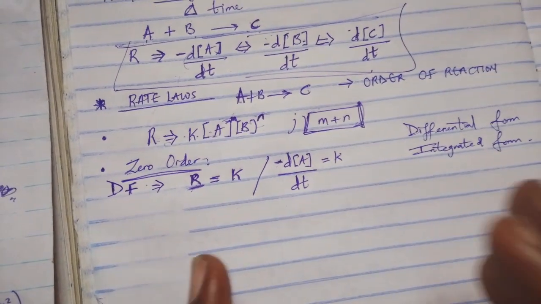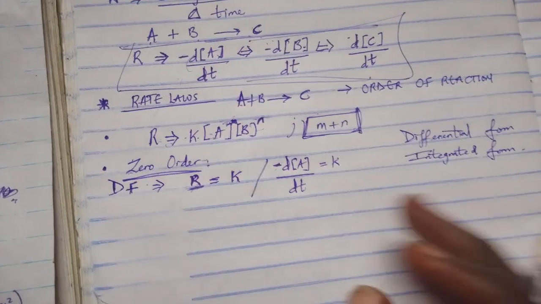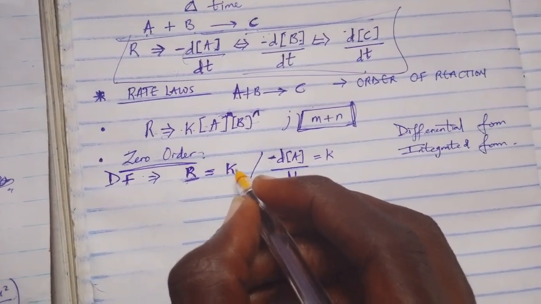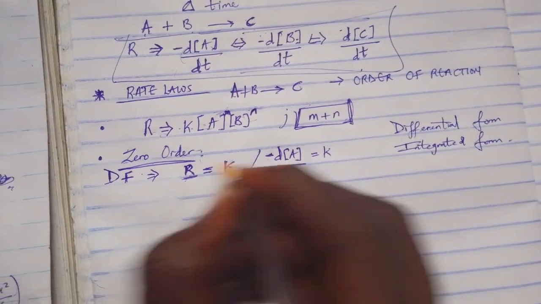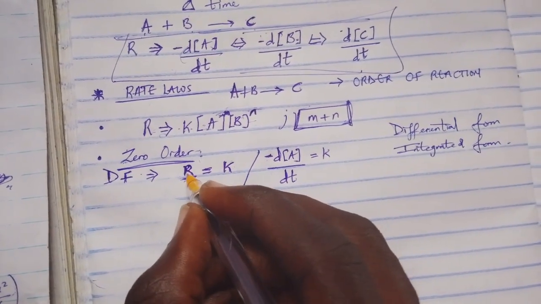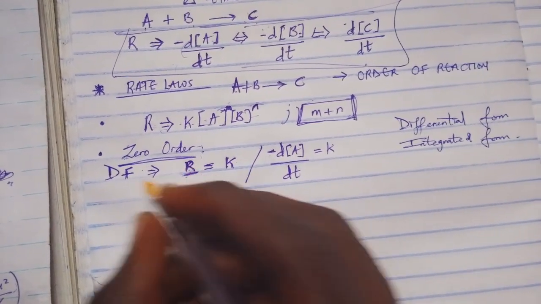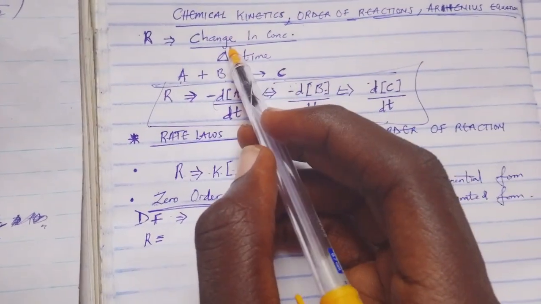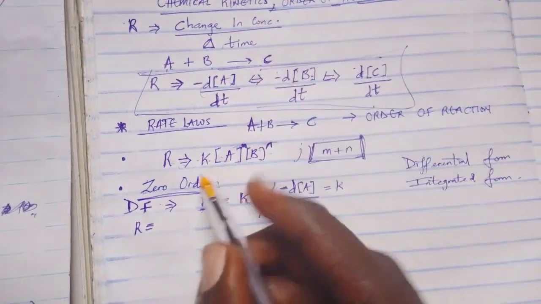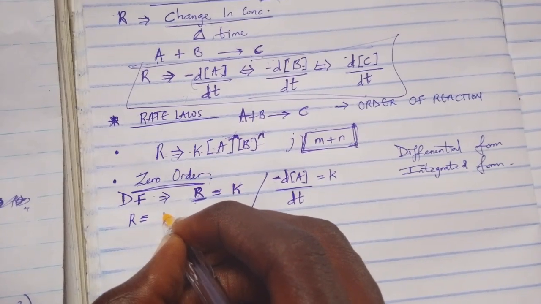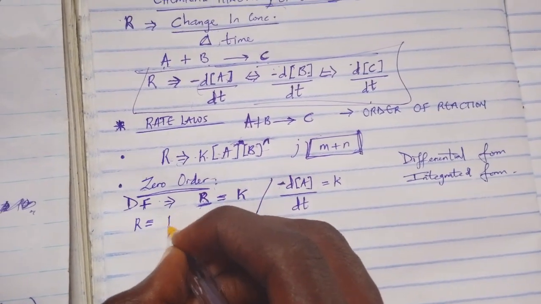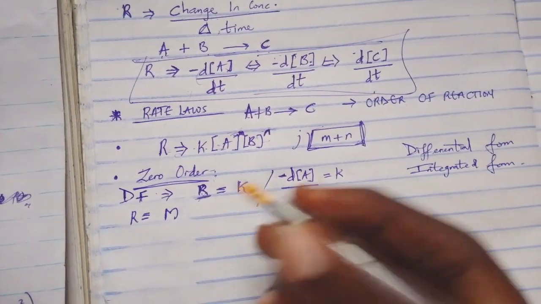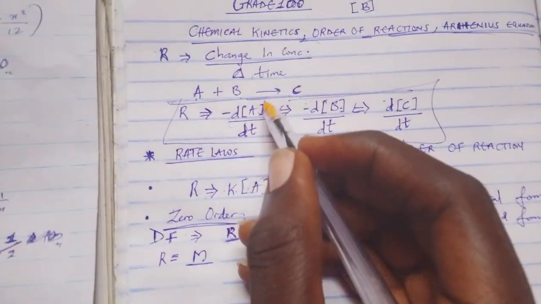So that's just it. Another question they could ask from here is, what's the unit for the rate constant in zero order of reaction? Now you should know that rate of reaction equals change in concentration over time. The unit for concentration is molar, or mole per dm cube, or mole per liter, and the unit for time is second.